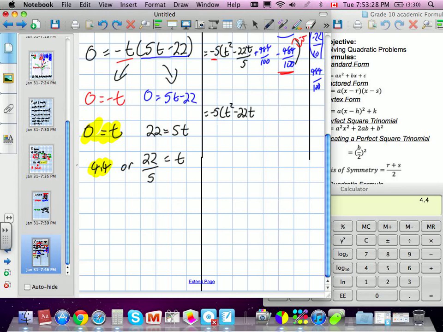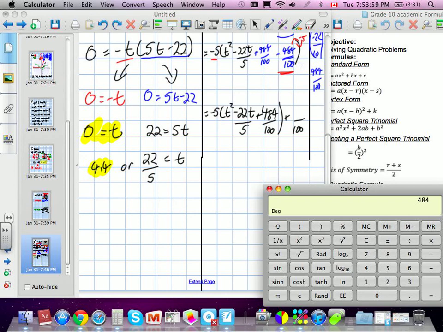Positive. And if I'm multiplying this as a fraction, how do I make negative 5 a fraction? Yeah, good. So our denominator is still going to be 100. Our numerator, 484 times 5, well, we'll put in the calculator. 484 times 5, 2,420. Okay? So we have that there.